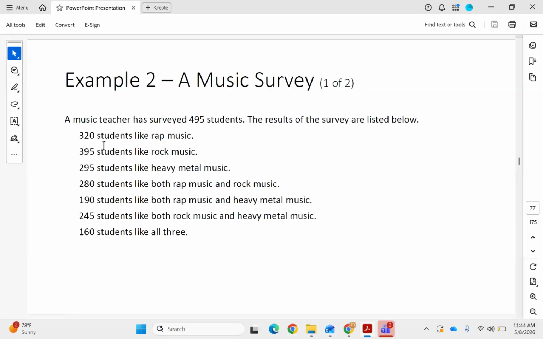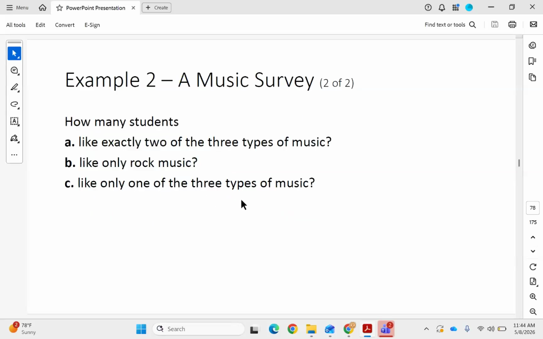So you basically have the numbers of individual likings, everybody that likes rap, and so on, and then also the numbers that like two of them, and the number that likes all three.